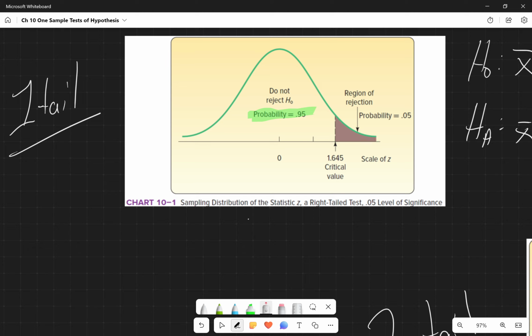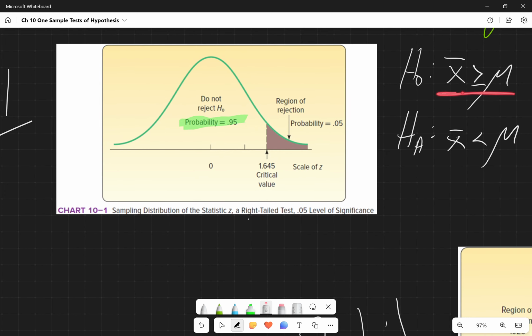So if we find that the z, right, which is just the number of standard deviations the sample mean is away from the population mean, if we find that it's over 1.645 of those standard deviations, and we're only testing if it's greater than or equal to, then we need it to be less than 1.645 standard deviations.